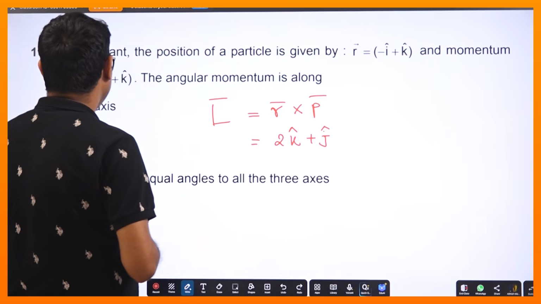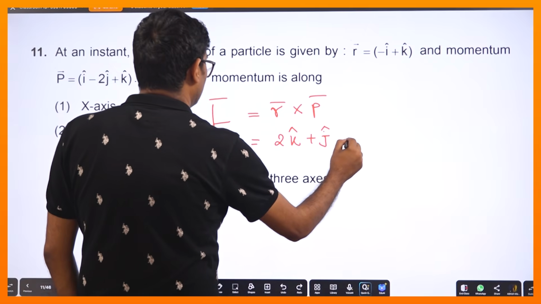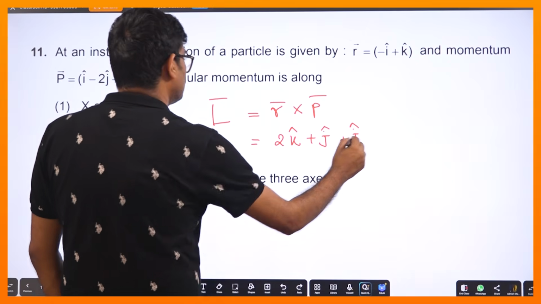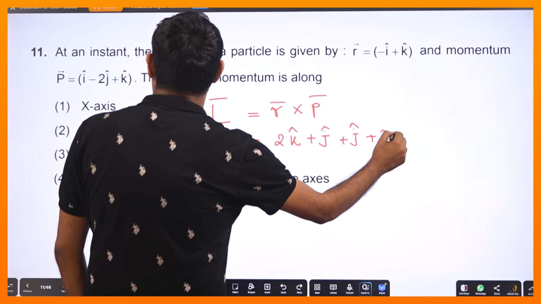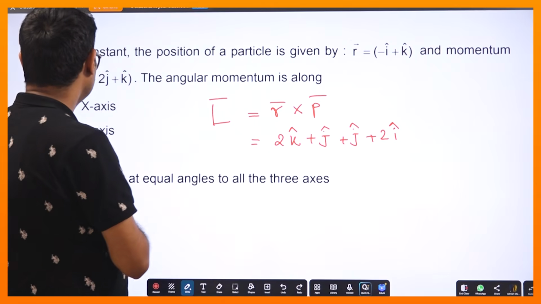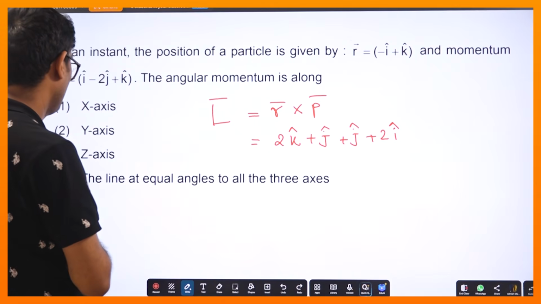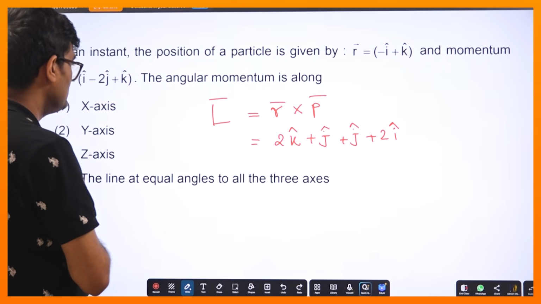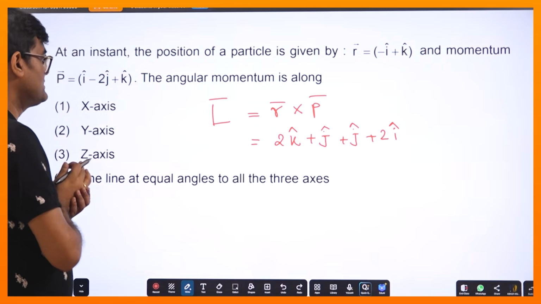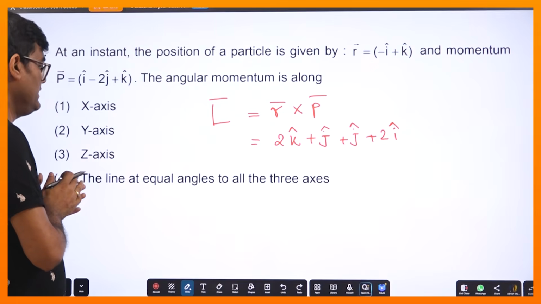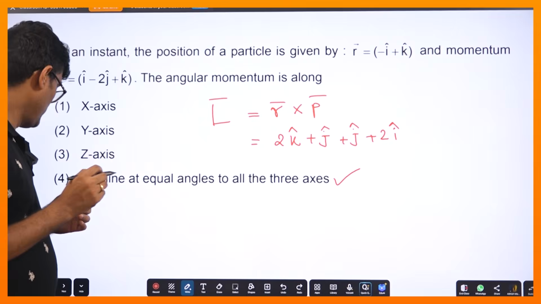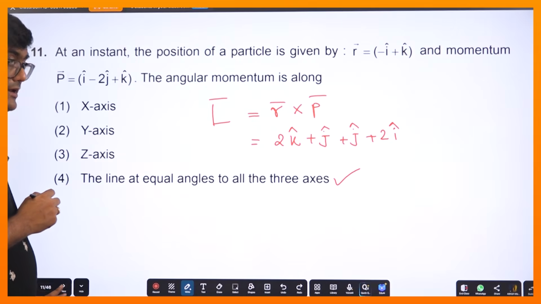And k cross i is j, so another j, and k cross j is minus i, so plus 2i. It is 2i plus 2j plus 2k. So the angular momentum is neither along the x-axis, y-axis, nor z-axis; it has equal angle with all three axes because it is 2i, 2j, 2k. Got it, everyone?